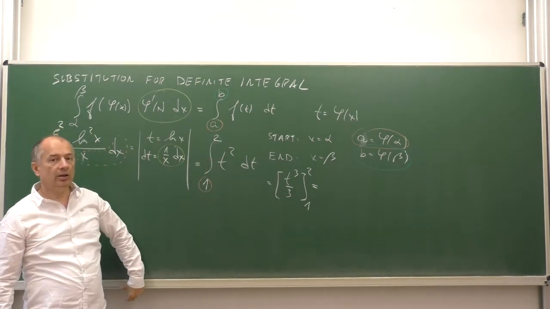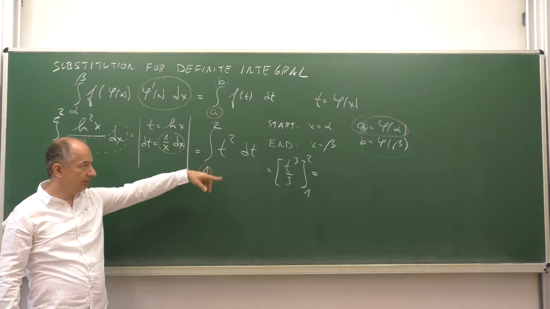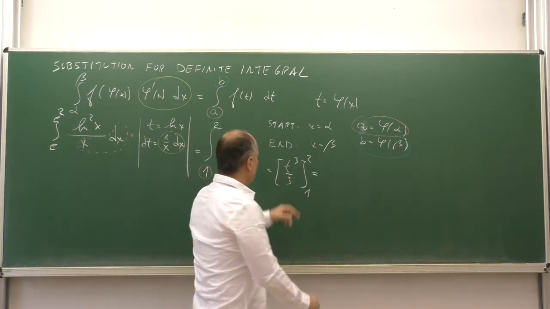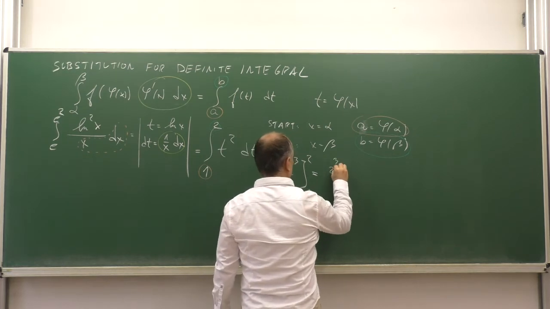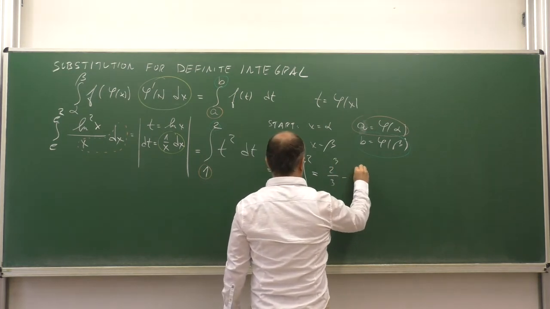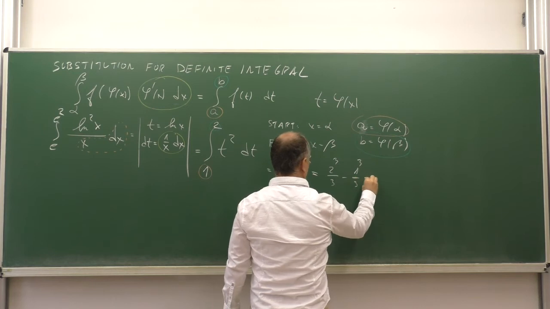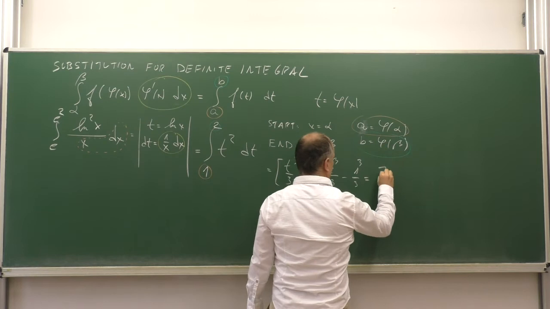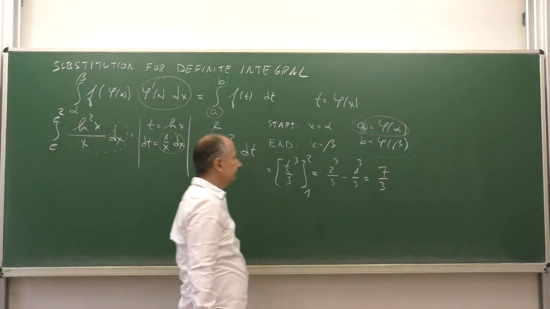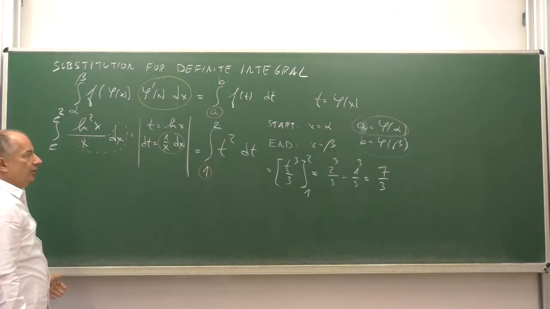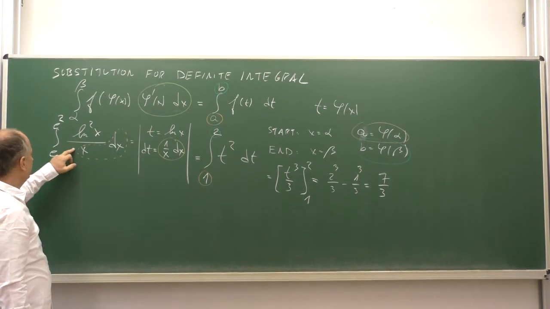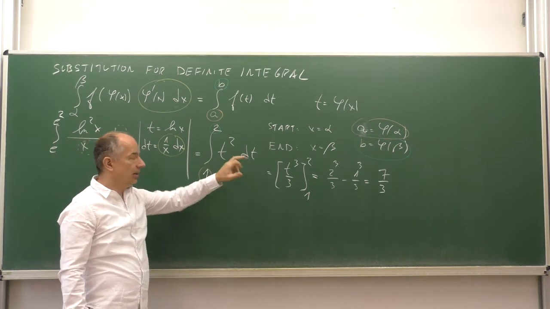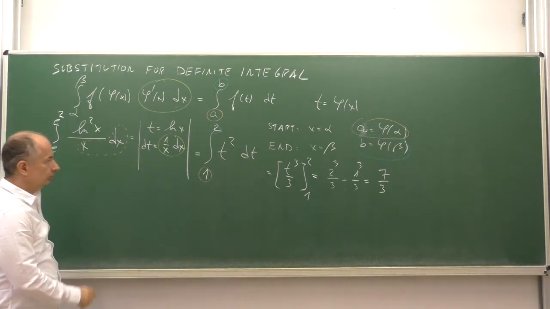Well, and we evaluate the antiderivative at these new limits and subtract. So we have 2 cubed third minus 1 cubed third, which is 8 minus 1, which is 7 third. So once again, when we compute a definite integral using substitution, we must recompute the limits, the integrated function, and the differential. And this is the result.